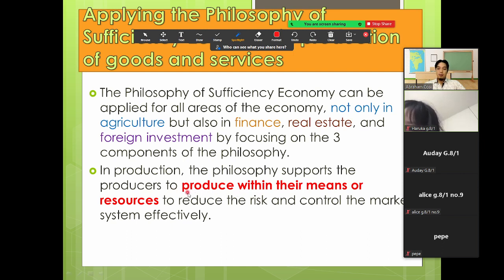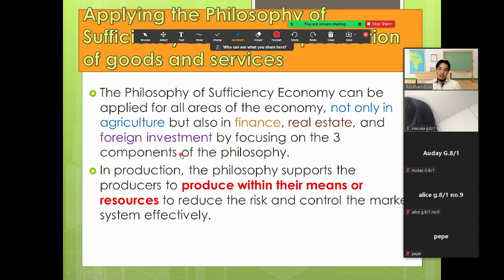Through this we can reduce the risk of reliance, increase the ability to produce, and reduce risk from inability to control the market system effectively. When they say produce within their means, it means produce only what they can control.